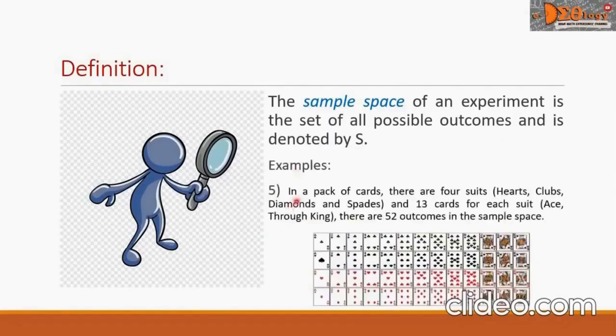Example 5, in a pack of cards, there are 4 suits, which are hearts, clubs, diamonds, and spades, and 13 cards for each suit, that is from ace through king. There are 52 outcomes in the sample space.